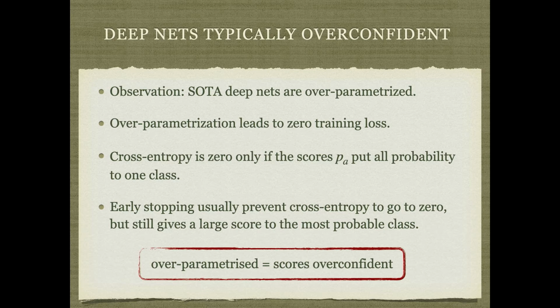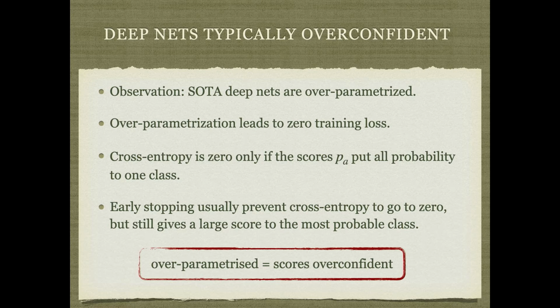Okay? So something like stopping early or regularizing properly mitigates this a little bit, but not quite enough. So quite generically, if you train an over-parameterized neural network, these scores will be overconfident. So you cannot reasonably think these are good measures of uncertainty.